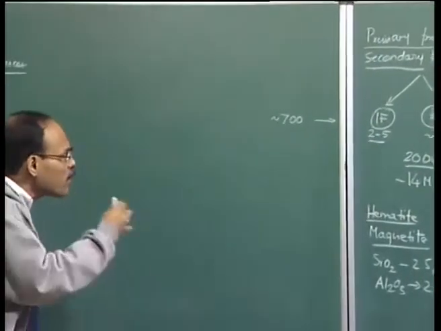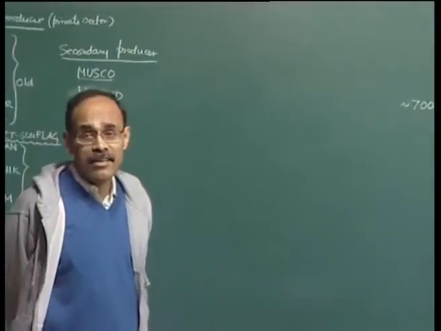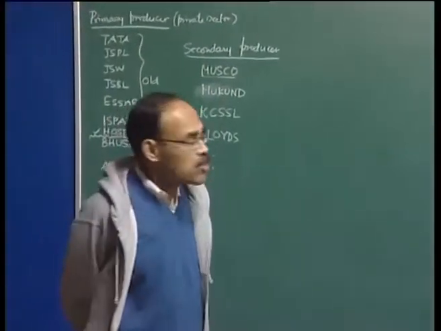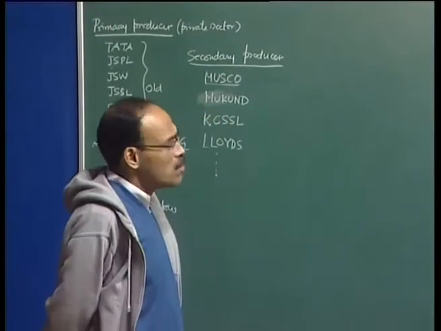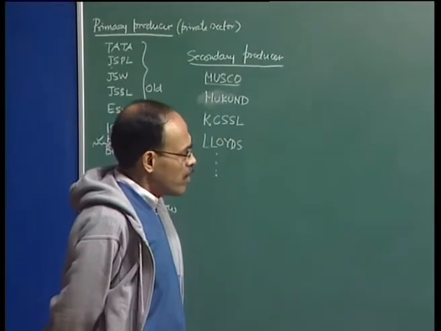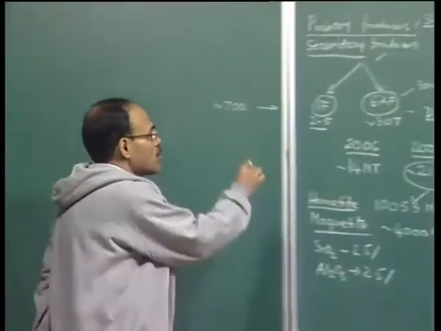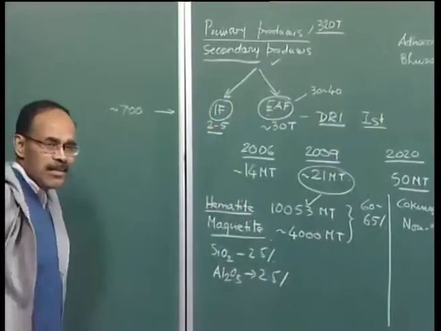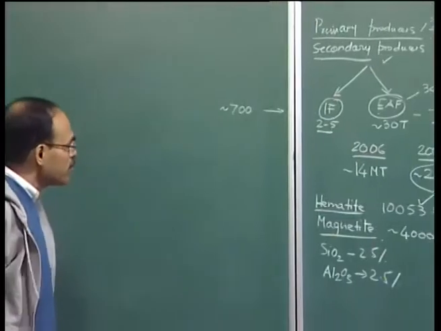Very interestingly, in this country a major chunk of secondary steel comes from the induction furnaces, where the number is really enormous. It is basically because setting up an induction facility is extremely inexpensive in comparison to an EAF facility.